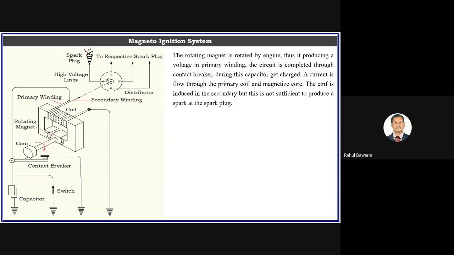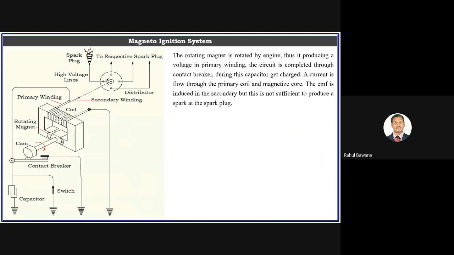No doubt, when this rotating magnet rotates, primary and secondary winding both experience a change in the magnetic field. But the primary winding has a larger diameter, so its electrical resistance is lesser as compared to the secondary winding, because that has very fine diameter wires. So primary current easily flows through this primary winding.